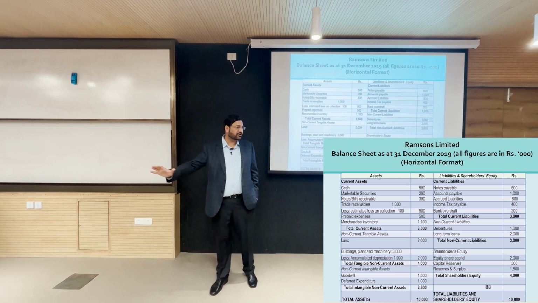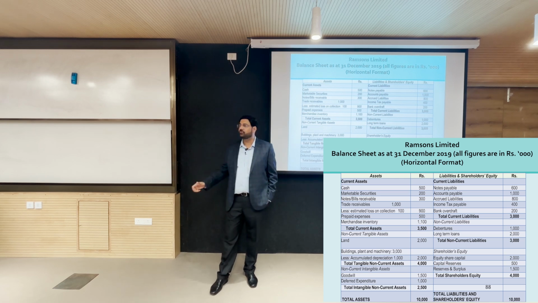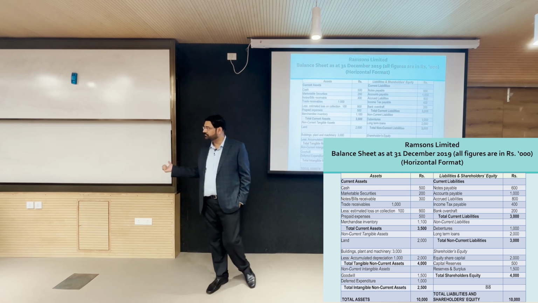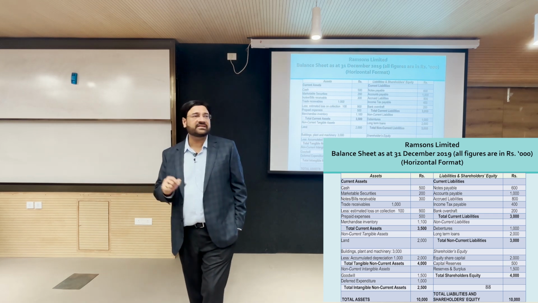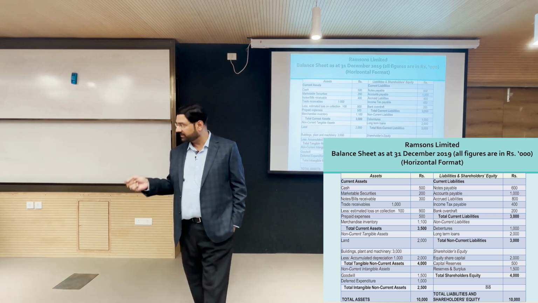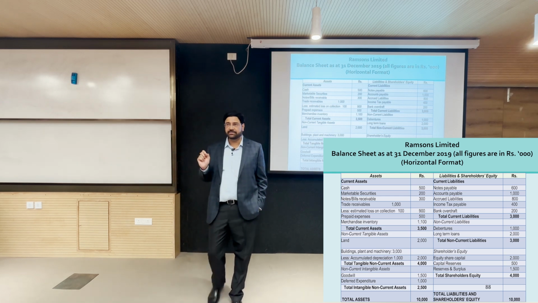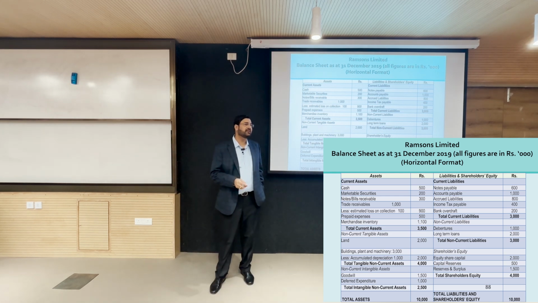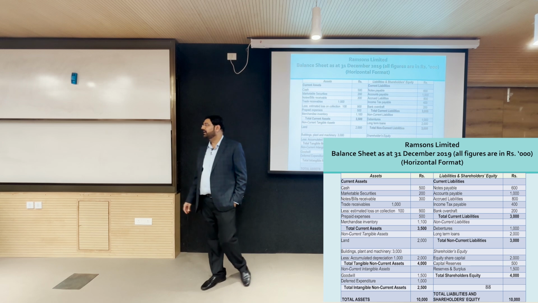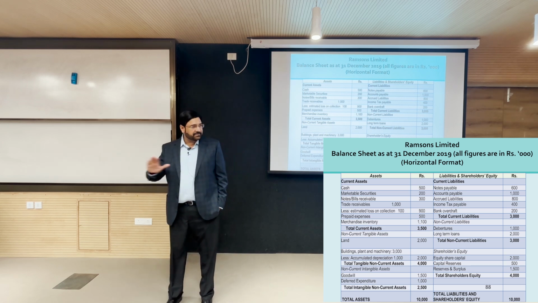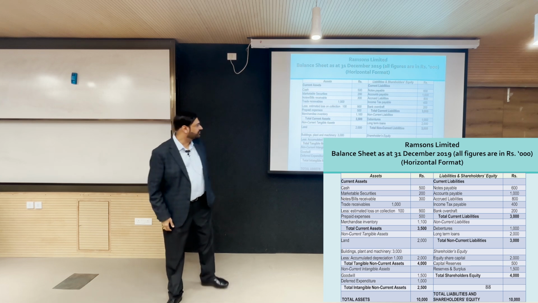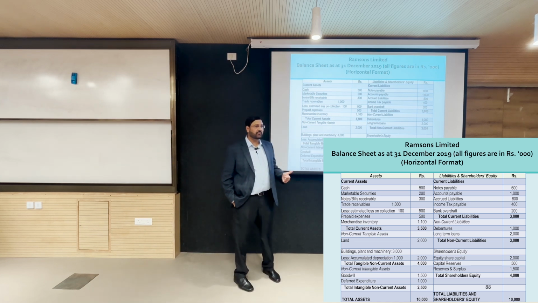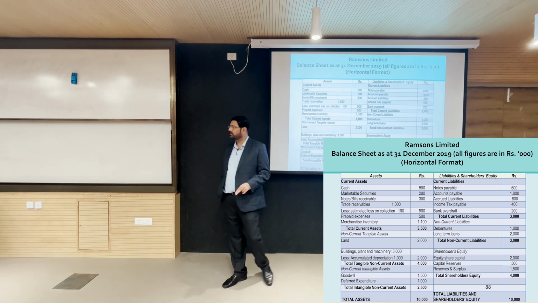One is the stock of plain clothes lying with you which you bought from Raymond's and Aditya Birla Group, that is your raw materials. There are some semi-stitched pants and shirts not fully done, which are called your work in progress, and there are all the ready pants and shirts which are ready to be sold, that is called your finished goods. So, we have three types of inventories: raw materials, work in progress and finished goods.